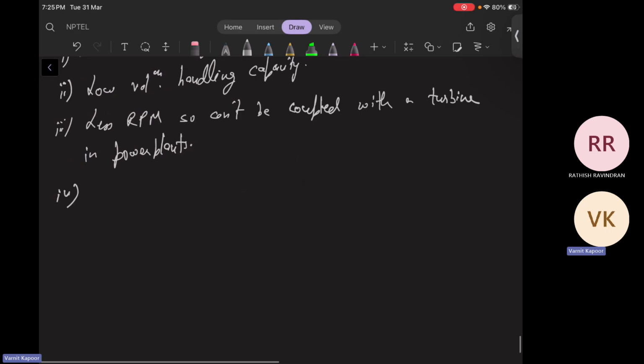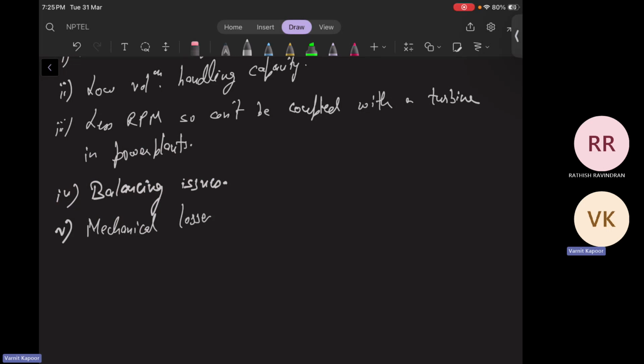Fourth, balancing issues, produces vibrations and noise. Fifth, mechanical losses are high due to sliding motion. Okay.